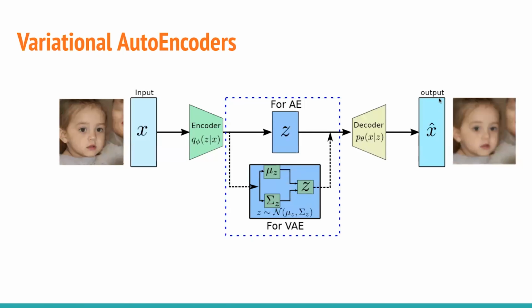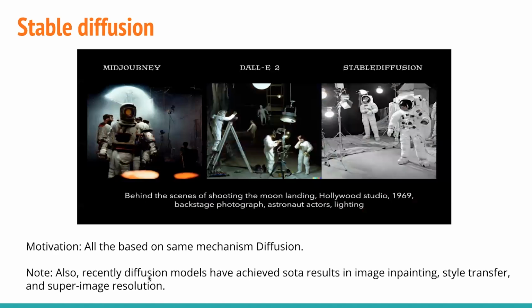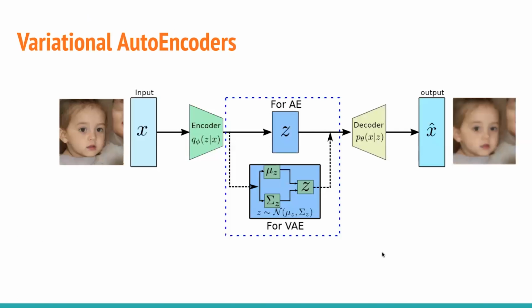Stable diffusion is very important to learn, because these models are very popular not just in generative AI for generating new images, but also in style transfer, for increasing the resolution, or image inpainting. Let's say in an iPhone, you want this person to be removed from the background and you want to learn what is actually behind. Stable diffusion is very popular in that as well. I'll take more doubts in the end.